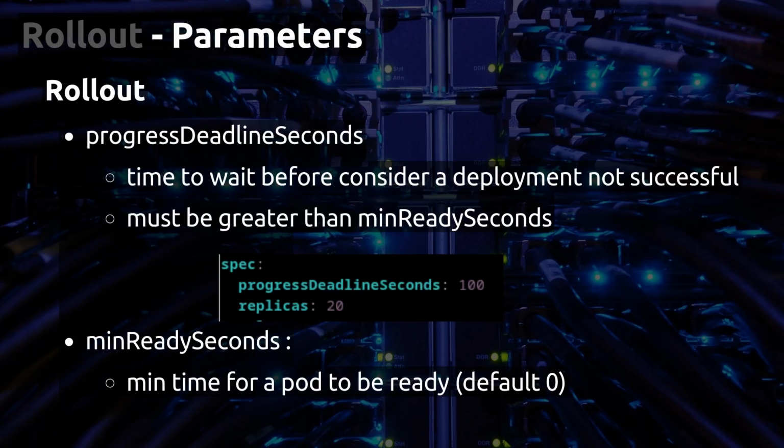For example, the first one is the progress deadline seconds. This is the threshold you can use to decide when your deployment fails. This is really interesting to set because, for example, you have 10 pods again, and Kubernetes begins to upgrade each pod one by one, and that takes a lot of time.